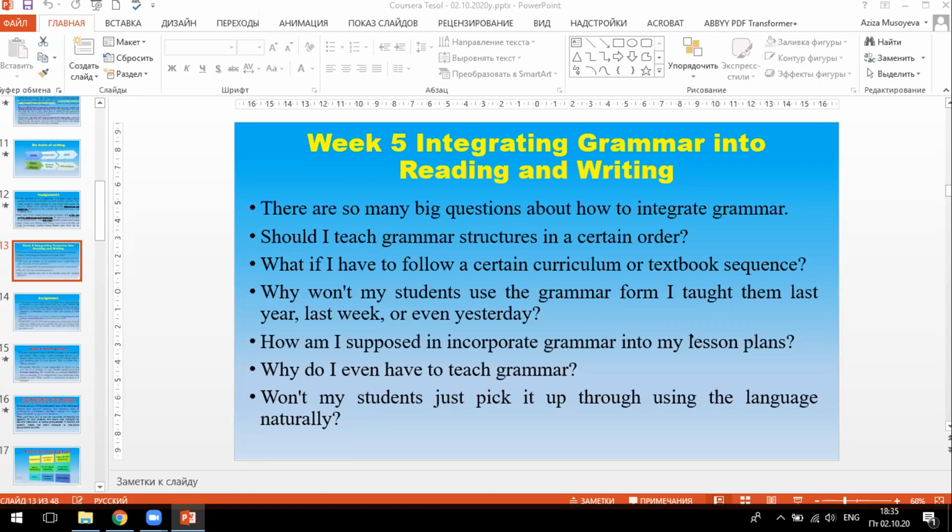So do you, for example, bring just one grammar rule into your classroom on any topic, or do you think it should be related? Sometimes it is related, when the goal of my lesson is to teach grammar. I can use a passage where this grammar structure appears several times.